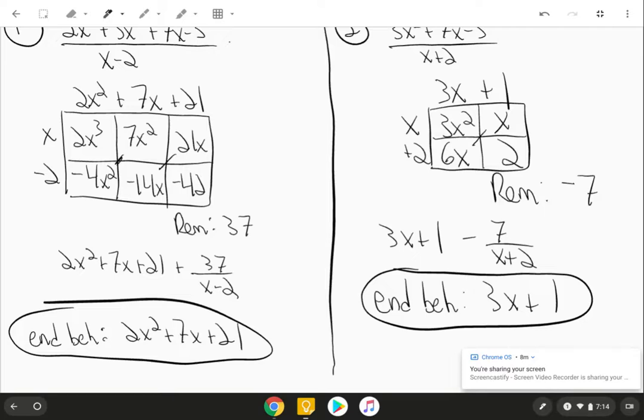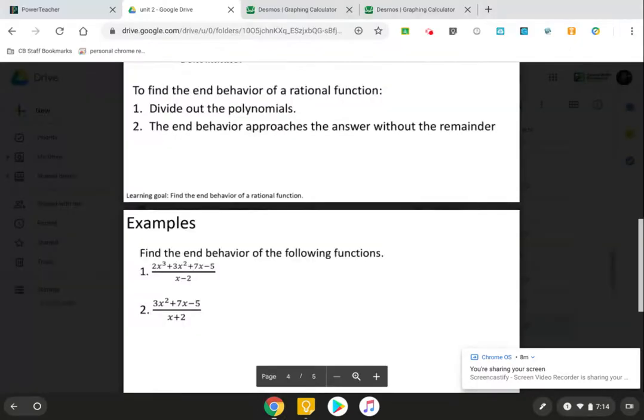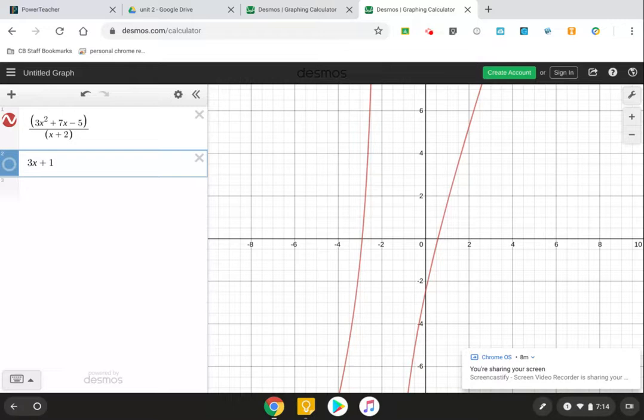What is that going to look like visually? Let's go to the graph. Again, the red graph is the graph of the rational function 3x squared plus 7x minus 5 over x plus 2. Then let me put in the graph of the answer without the remainder, 3x plus 1.